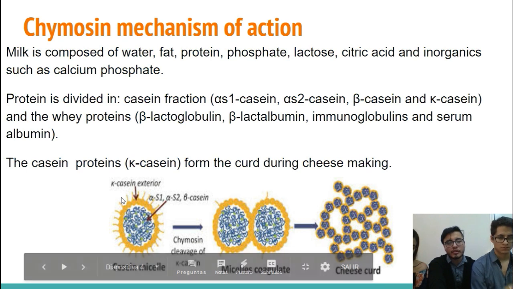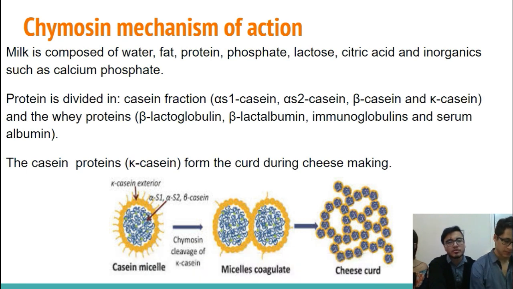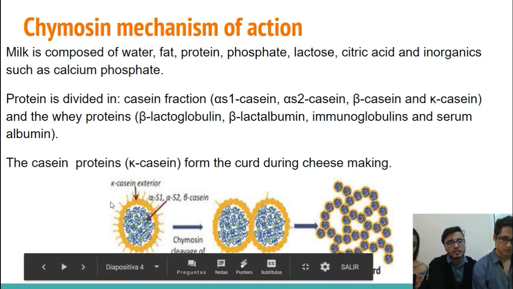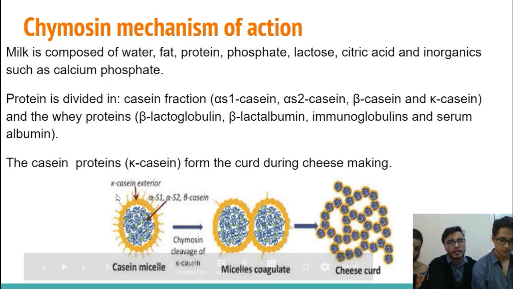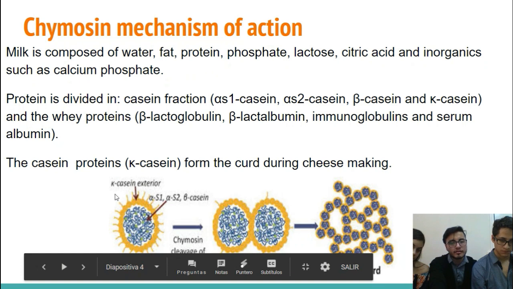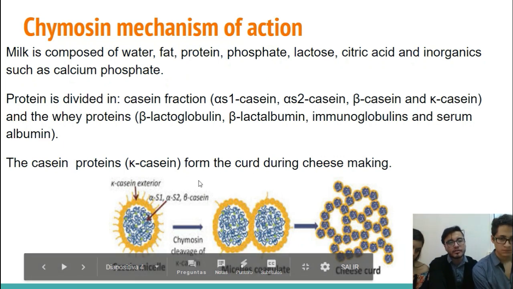Normally, people in past years used a lemon, for example, to take down the negative charges by putting hydrogen, H plus, molecules. If they take down the negative charges, they now have the possibility to attack the K casein.